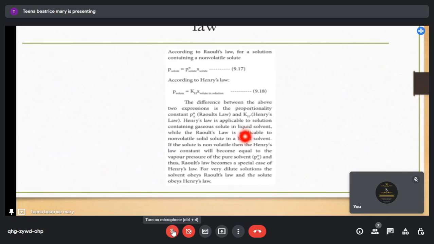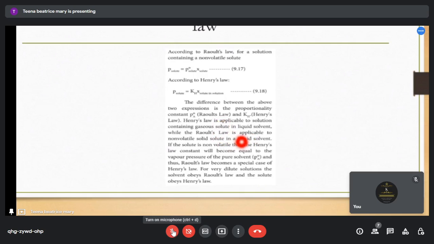According to those limitations, this is applicable for a solution containing a gaseous solute. Only when a gaseous solute is in a liquid solvent can we bring this expression. At that time, vapor pressure is directly proportional to the mole fraction of solute.